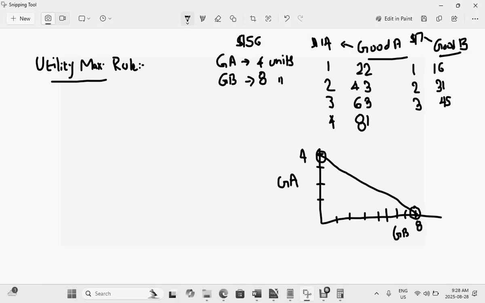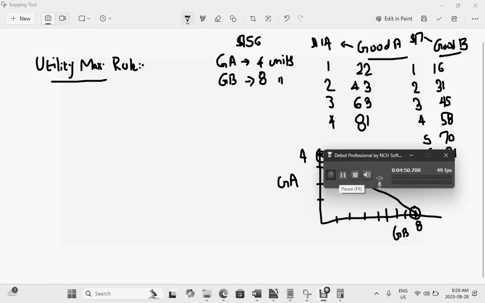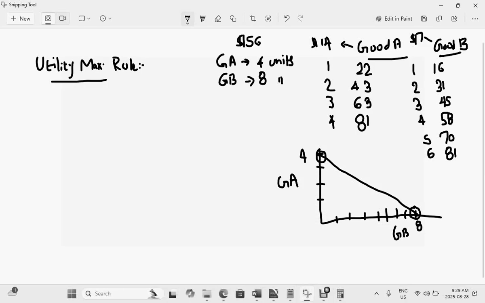This is 45, this is 58, this is 70, this is 81, this is 91, and this is 100.